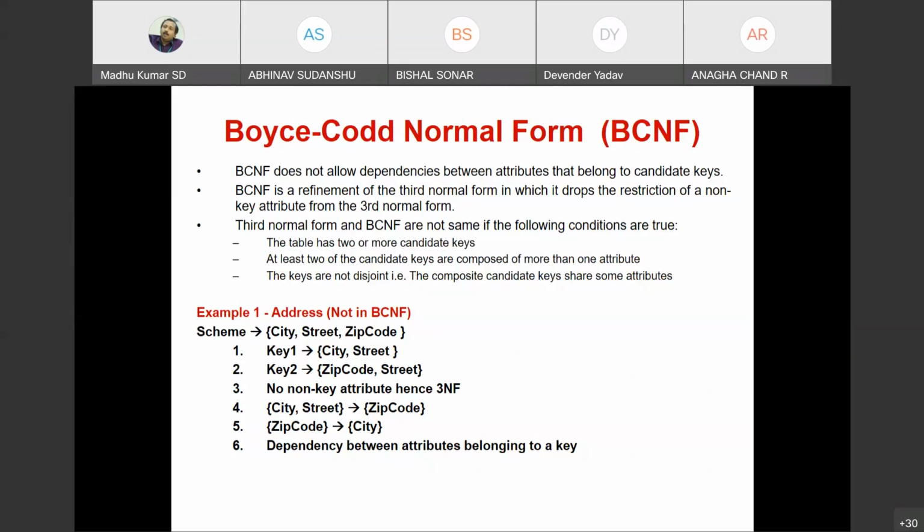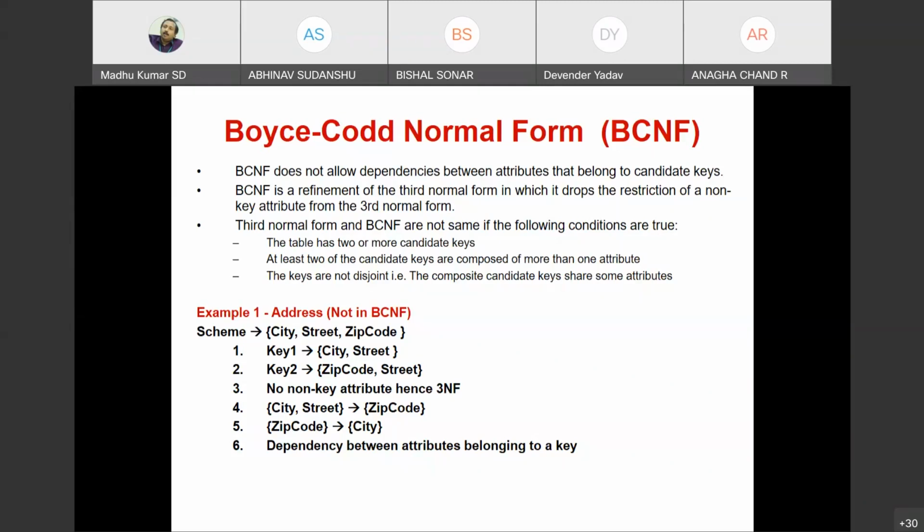So even though the relation is in third normal form, there is a good amount of redundancy. If there are 1000 streets in Rewari, 1000 times you are going to repeat the city name as well as the pin code.